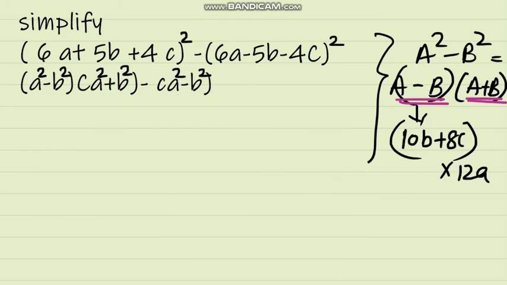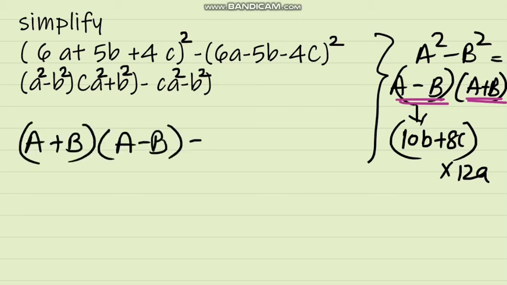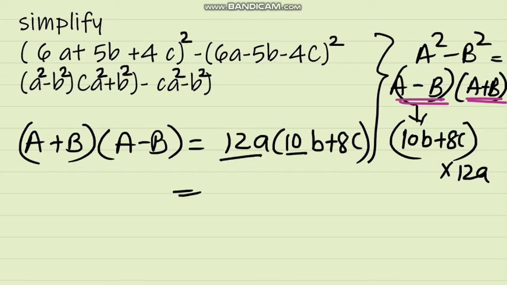Now see, here you'll get a plus b into a minus b will be equal to 12a into 10b plus 8c. See how easy it is. 12 into 10, 120, a into b, ab, plus 12 8s are 96 ac.